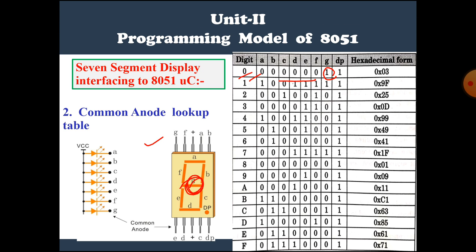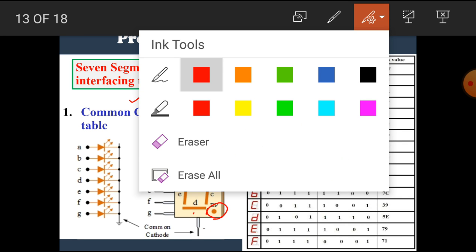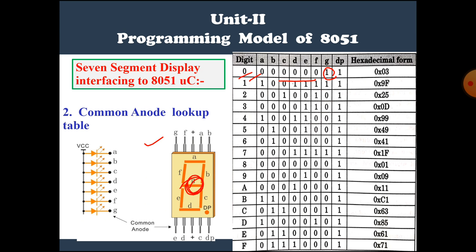Depending upon the position of these segments being 1 or 0, to display 0 we have to provide it hex value 3F, to display 1 we provide hex value 06, to display 2 we provide hex value 5B, that means 0101 is 5 and 1011 is B. I hope you all understand this concept.